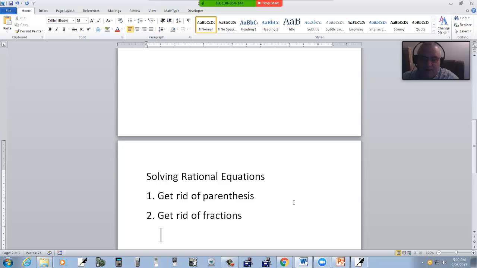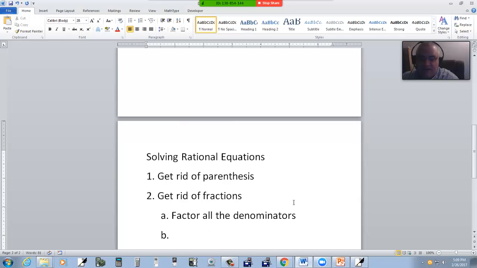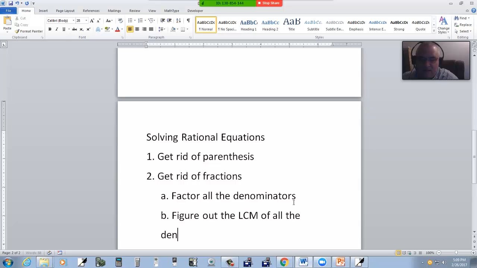And in order to do that, first thing you do is you factor all your denominators. Second thing you do is you figure out the LCM of all the denominators and multiply everything by it.